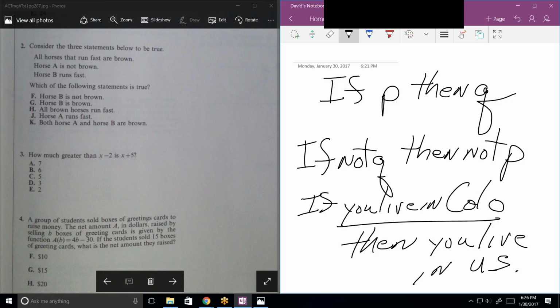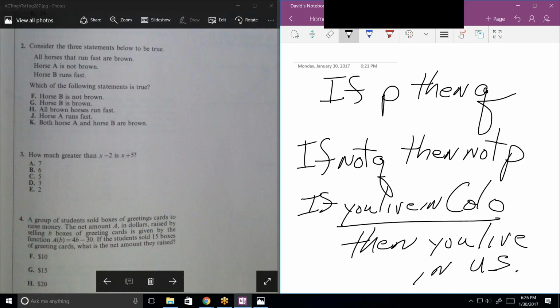If you live in the U.S., you do not necessarily live in Colorado, right? So that shows you that if Q then P isn't always true. However, what is always true is if not Q, if you do not live in the United States, then you do not live in Colorado. That is a true statement.